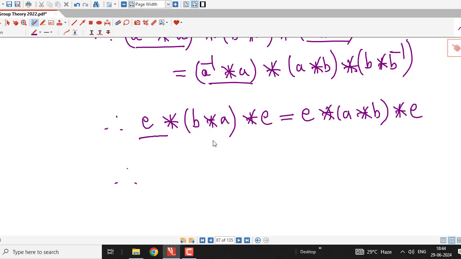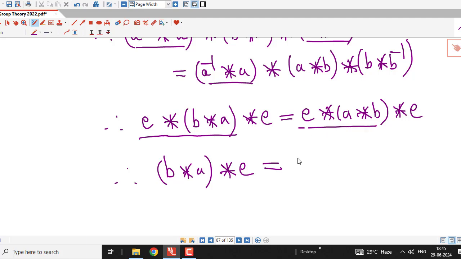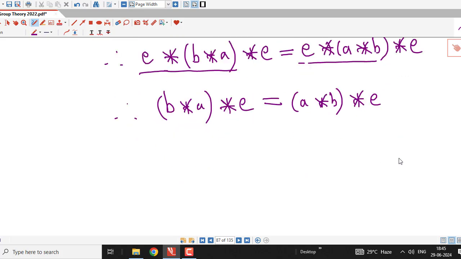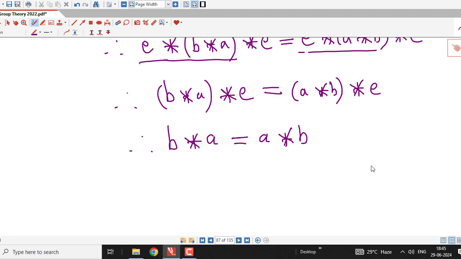Now we know that if we consider identity with this, we will have B star A. We can write one more step, and same thing here, this is A star B star identity, that is A star B star E, and again using the definition of identity, we have B star A star E equal to B star A, and here we have A star B star E equal to A star B.